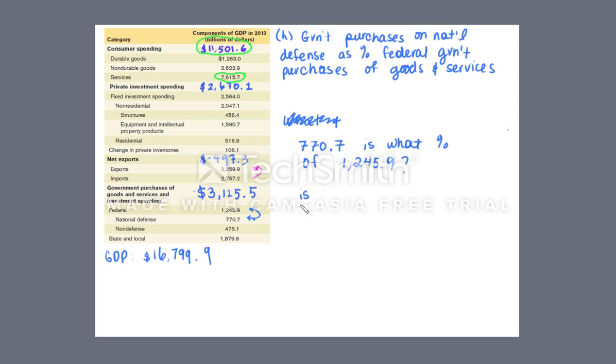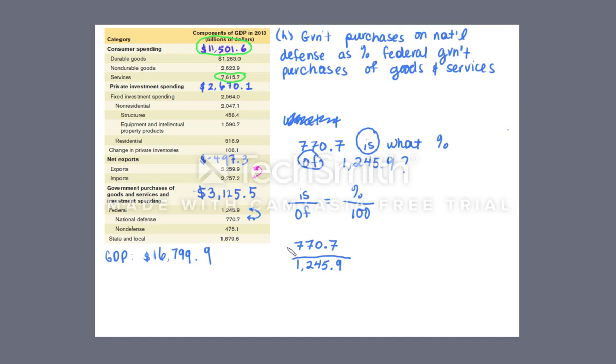When I put this in the calculator, it's telling me how big 770.7 is relative to 1,245.9. And we set up the rest of our formula. The percent here is what we don't know, so I'm going to replace it with an x, and then we have 100 on the bottom. To isolate x and get it by itself, all I need to do is multiply this ratio here by 100.